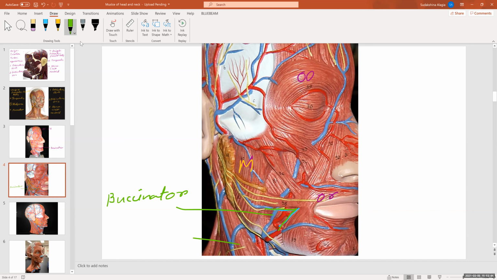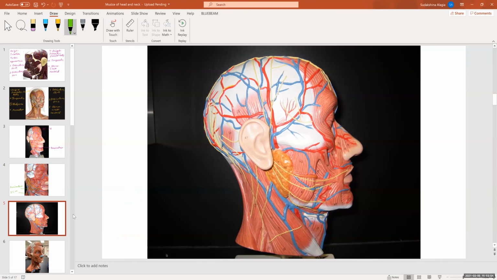You can also see part of the sternocleidomastoid. Here, this one, same thing, masseter. You can see buccinator, and I'm not going to repeat the frontal belly, orbicularis oculi, and orbicularis oris.